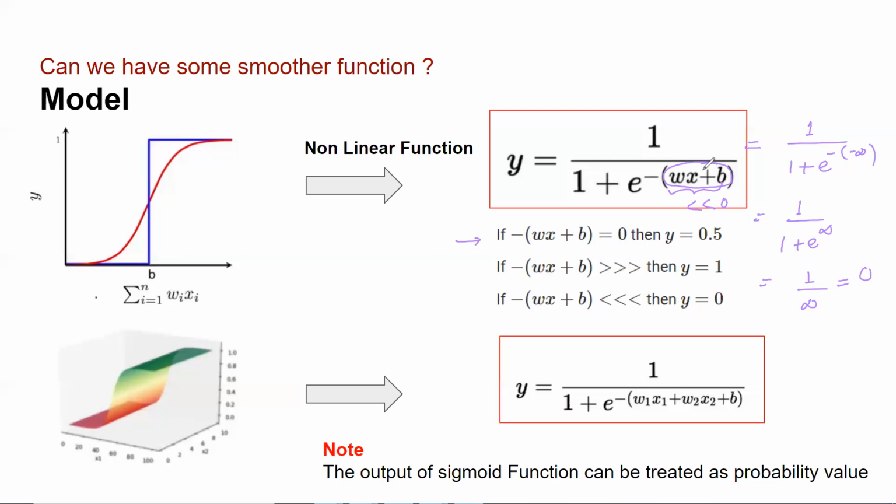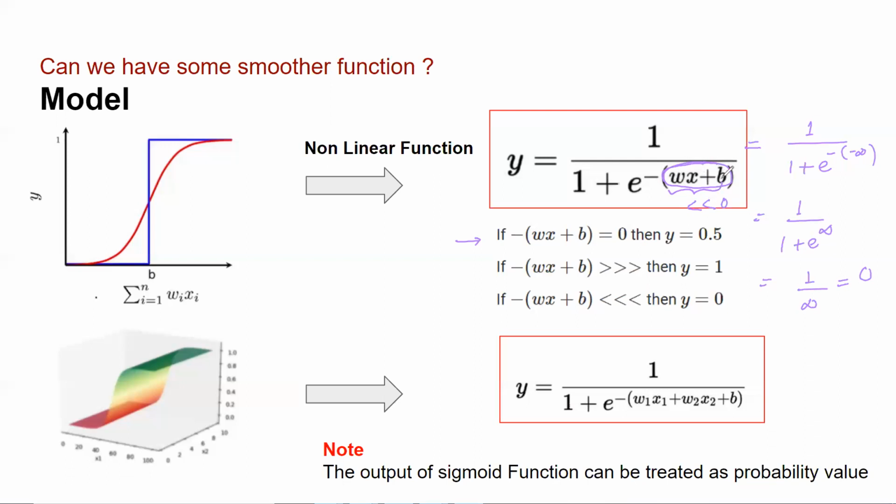No. This expression has to be 0. Whatever is there as a power of e has to be 0. So e power minus of wx plus b should be 0, because this is what we are getting from the perceptron, right?